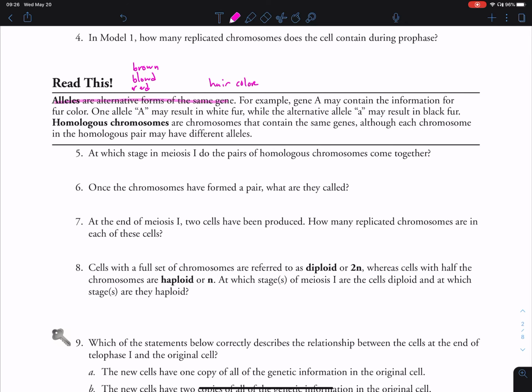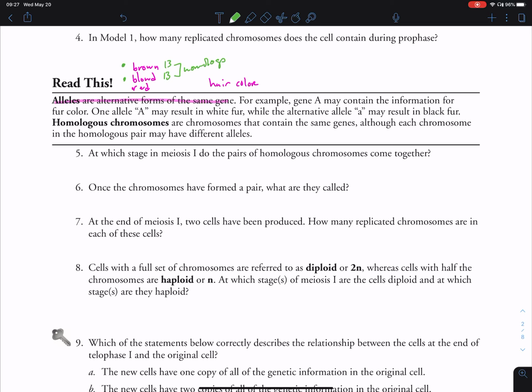So if you get one chromosome from one parent that's brown and the other that's blonde, those two chromosomes, right? Let's say this is on chromosome 13. I actually don't know what chromosome it's on. Those two chromosomes are homologs, but they're not identical, and we know they're not identical because if one's coding for brown hair and one's coding for blonde hair, then they can't possibly be identical.